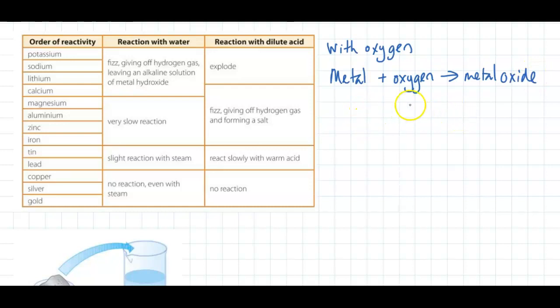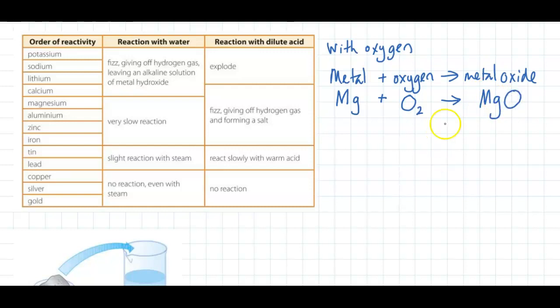If we're going to write them in symbols, remember that oxygen is a diatomic molecule and goes around in pairs. And if I'm reacting it with a metal, so you all know that magnesium reacts with oxygen and makes magnesium oxide. I'm writing the formula correctly here.